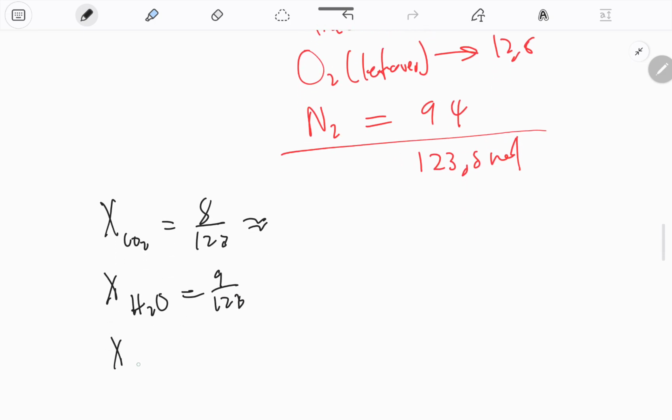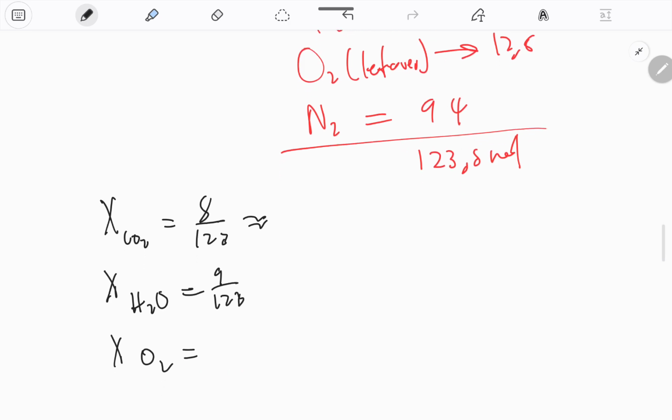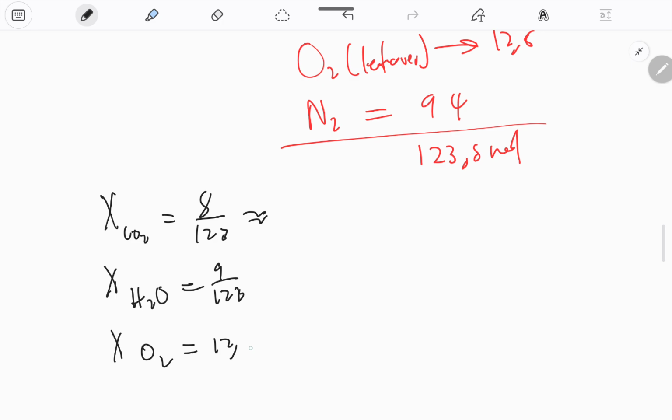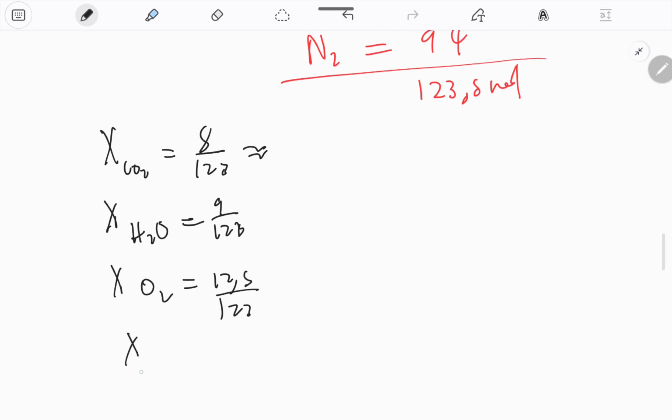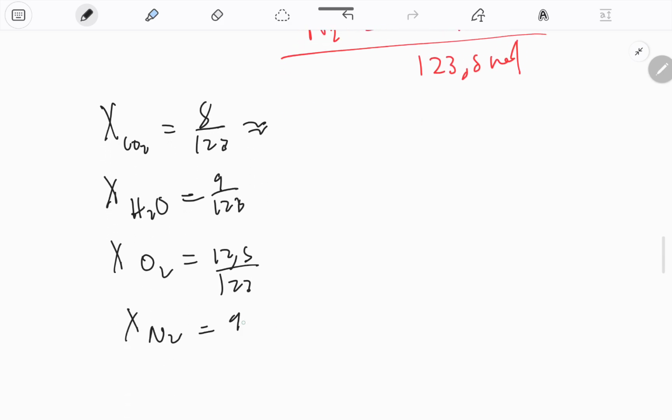Then oxygen, what the excess oxygen is giving us, 12.5 over 123.5. Then nitrogen is going to give us, should be the biggest, 94 over 123.5.